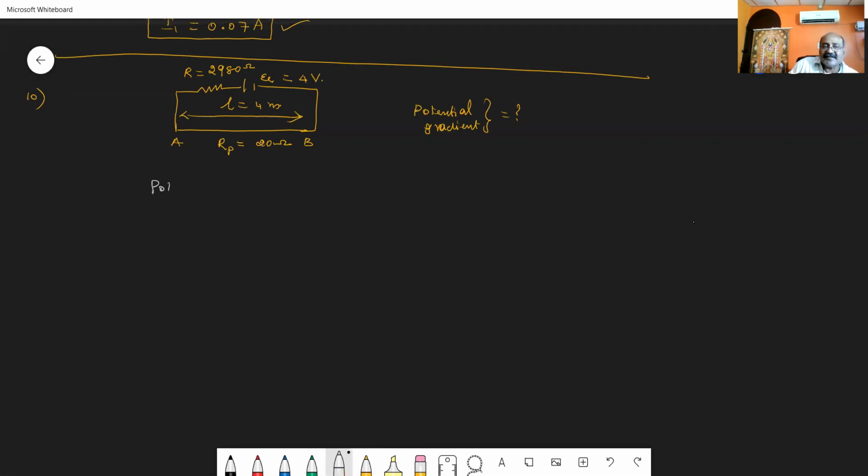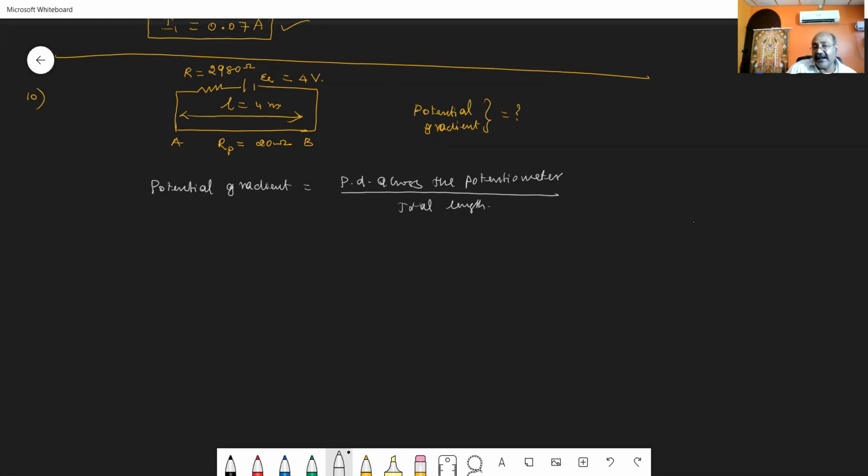So we can write like this: potential gradient is equal to potential difference across the potentiometer wire divided by the total length of the potentiometer.